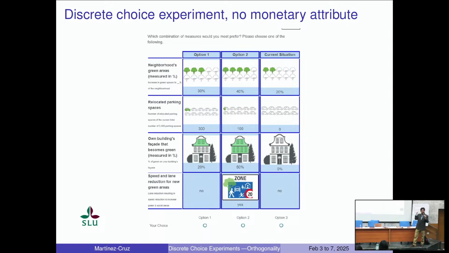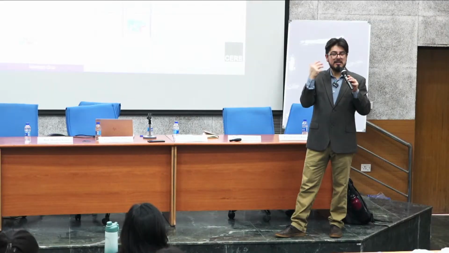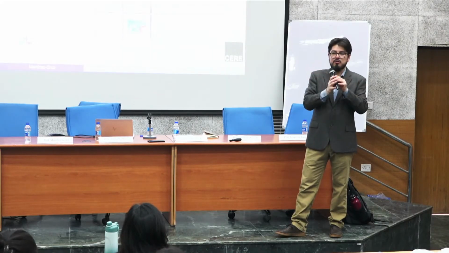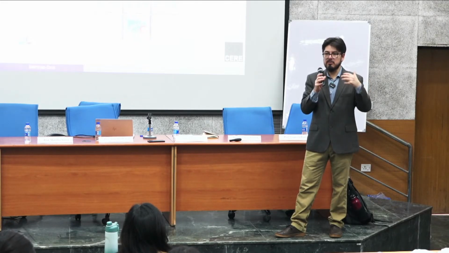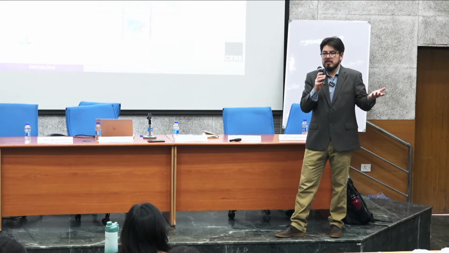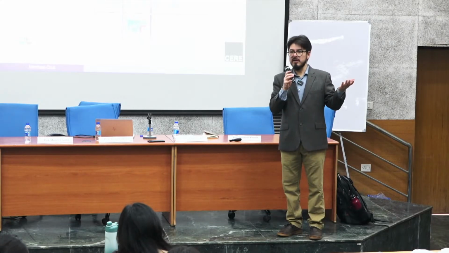The beauty of these discrete choice experiments is, and when I started falling in love with the tool, to tell you the truth, it is the simplest, easiest way to explain what a marginal rate of substitution is. Think about it.